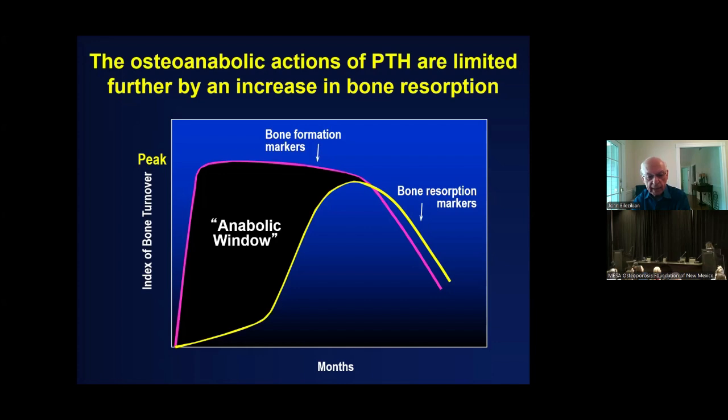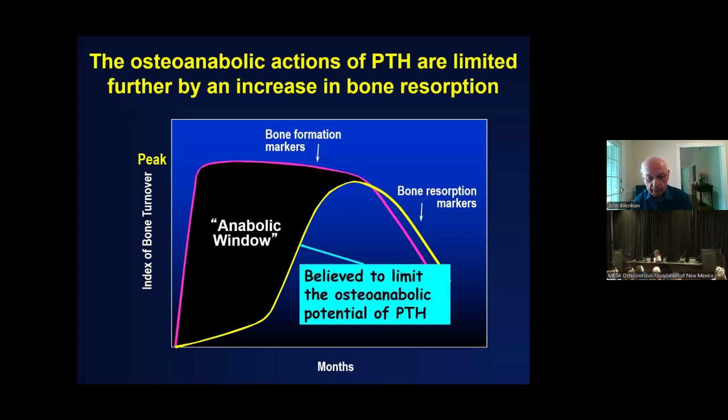And there is a difference in time between bone formation and bone resorption. And that difference in time gives the body an opportunity to build bone. You can call that an anabolic window. And you can think about ways in which you might be able to widen that anabolic window.